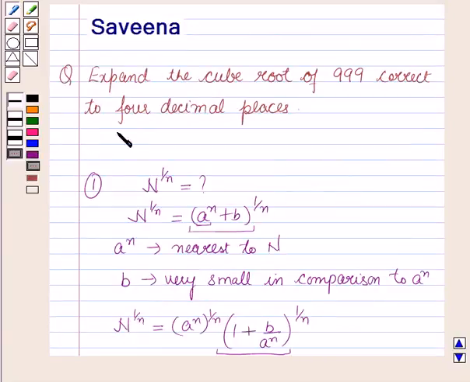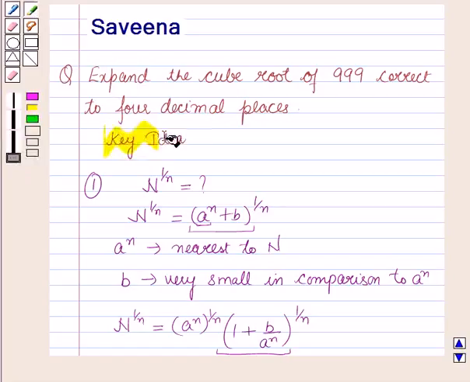Now these results will work out as a key idea for solving this question.